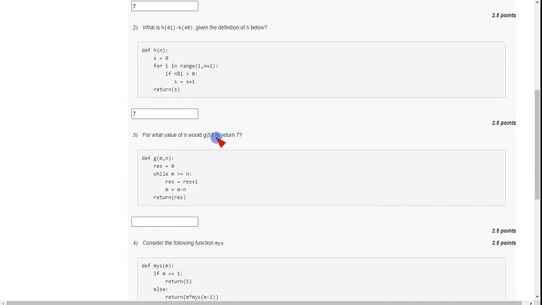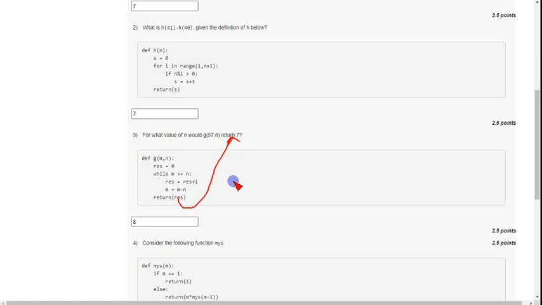Then the n value is what we have to find. So the n value is 8. So the n value here is 8. So for g of 57 comma 8, it returns res value as 7.